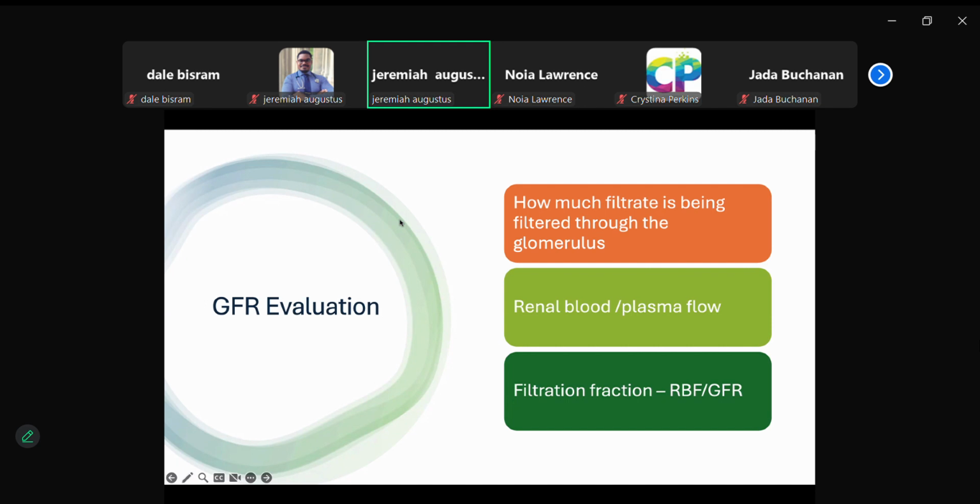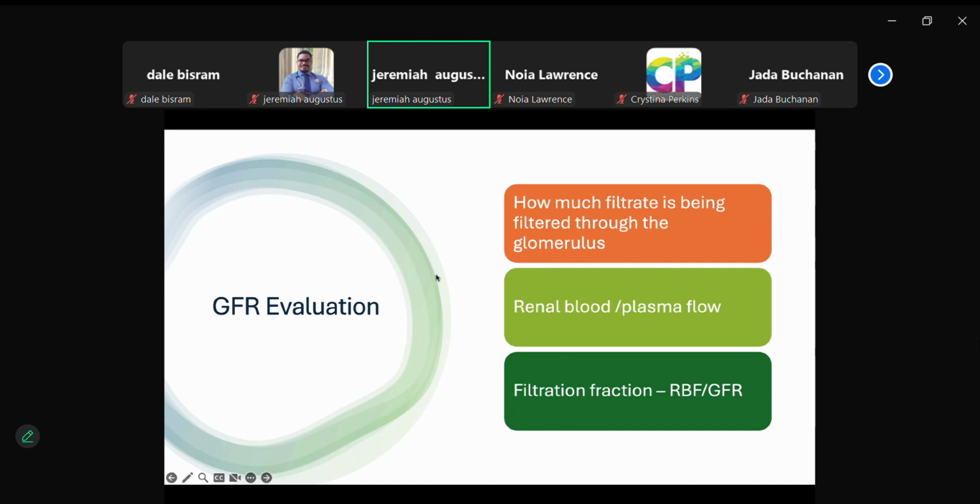If the GFR is normal, that is telling me that the kidney is filtering the right amount of solute at the right amount of time that it's supposed to. If the GFR falls, it's telling me the kidney is sick, all right? If the GFR increases, it tells me some process is happening that is causing the kidney to overwork. And then we have to figure out what it is, right?